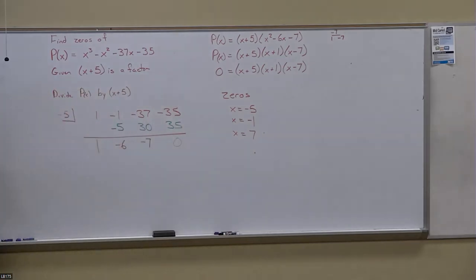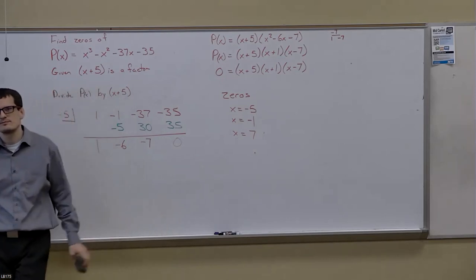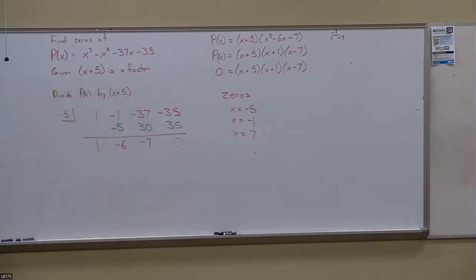So my zeros are when x is equal to -5, x is equal to -1, and x is equal to 7. Any questions about that process?